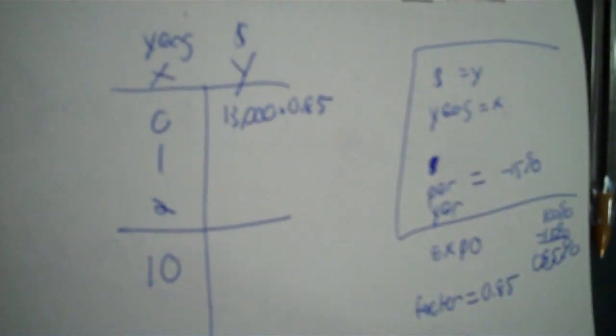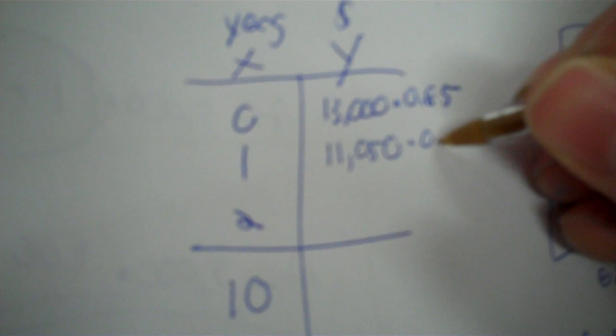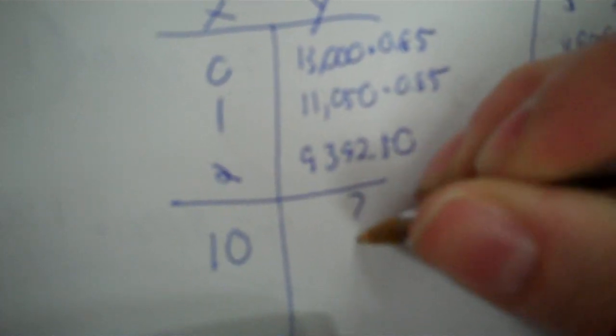Okay, that's 11,050, times 0.85 again, $9,392.50. And I need to find the money.